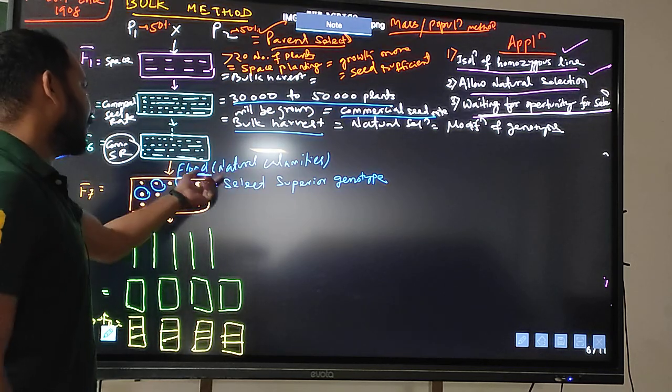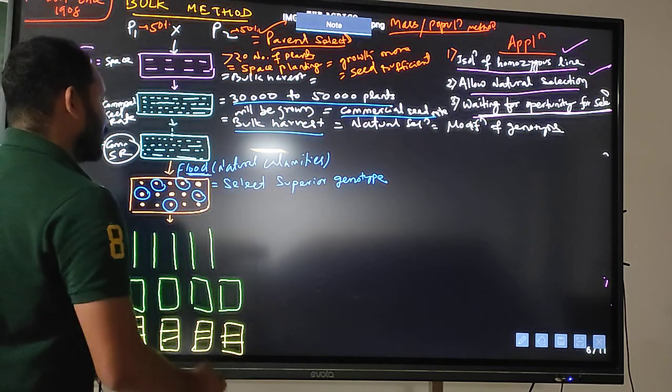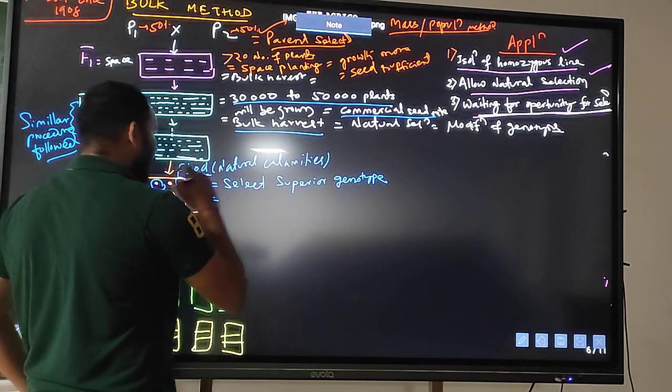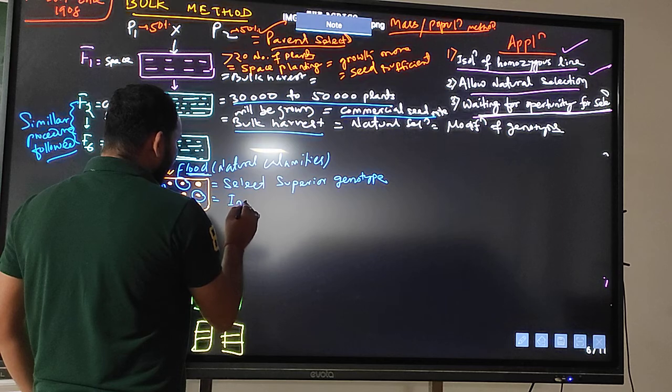So if natural calamity is there, then I will go for the selection of the superior genotype, and here we are going for the individual harvest.